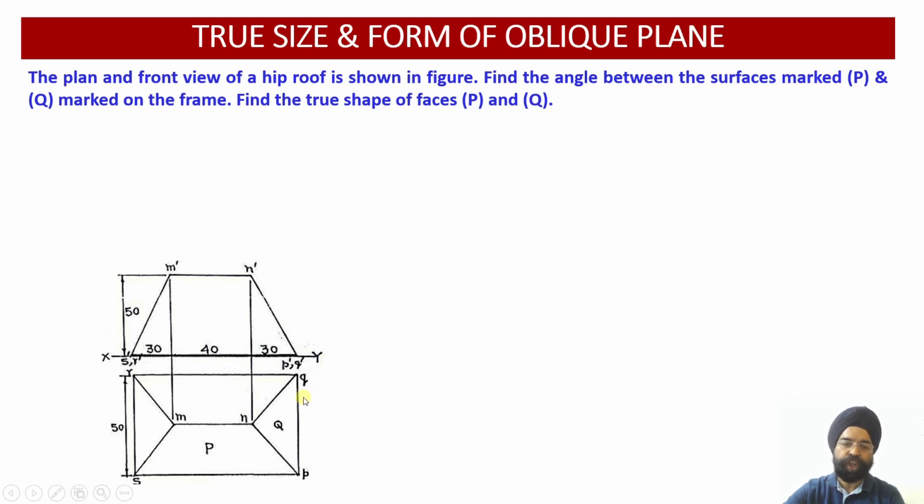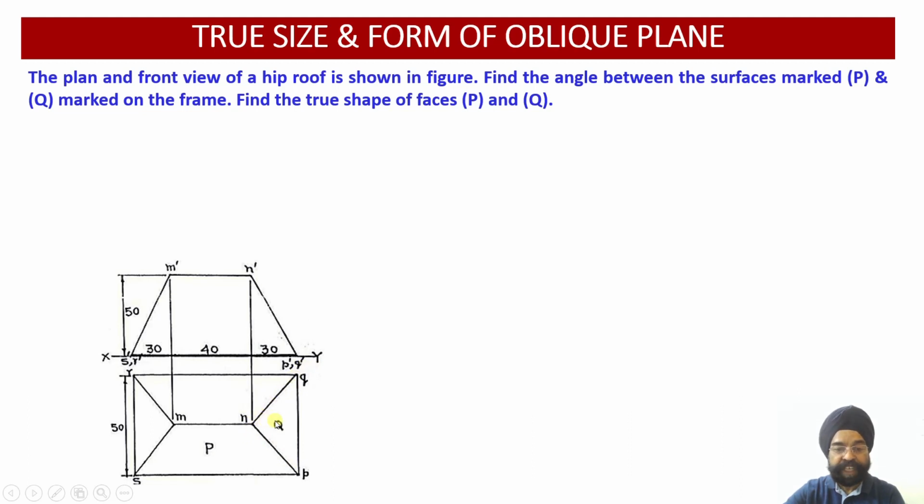Now, as I told you earlier, two things we need to remember. One, surface P true shape is required. Surface Q true shape is required. Surface P is of trapezoidal shape. Surface Q is of triangular shape.